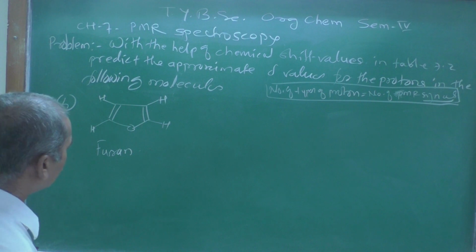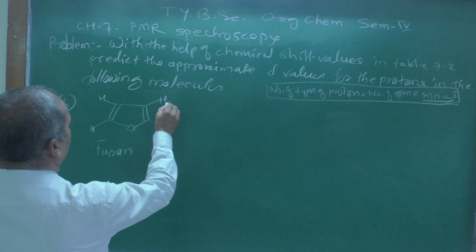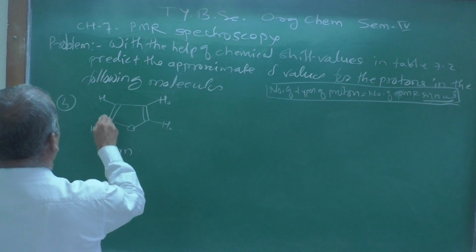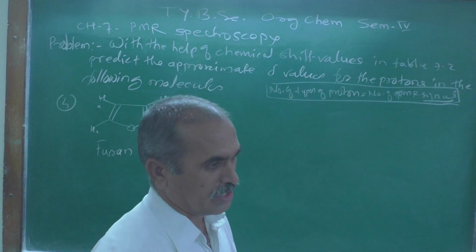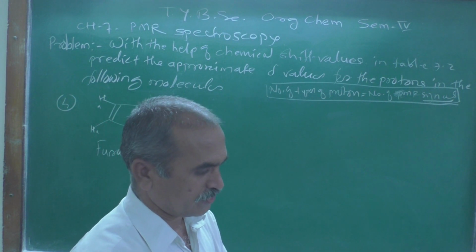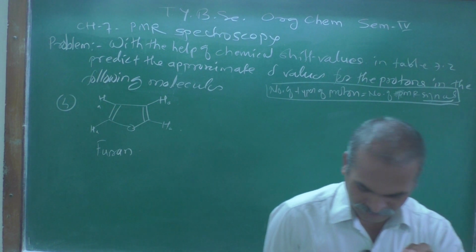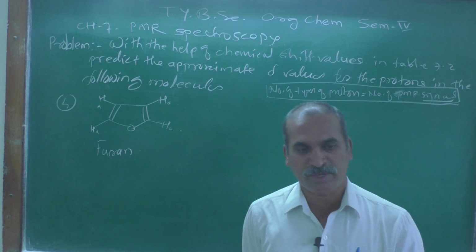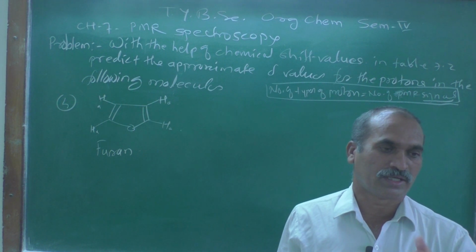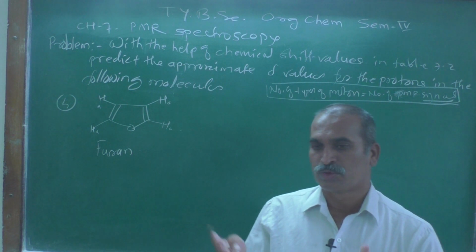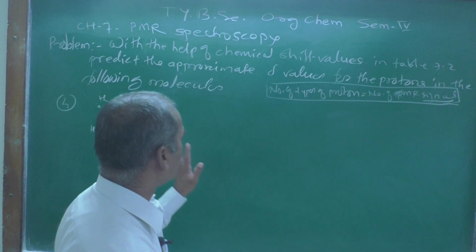And now observe the structure carefully. You will find here this you can call A and A, meaning all are identical protons present over here. Therefore this furan, if you place it in a PMR spectrophotometer, scanning will take place and it will produce only one signal in the spectrum of this compound.